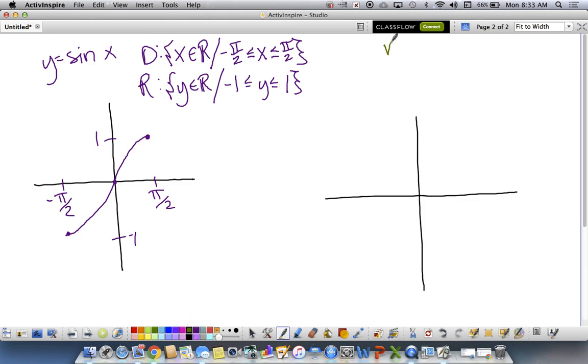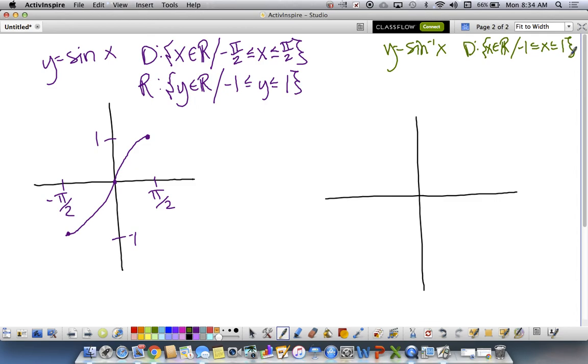Let's graph y equals sine inverse of x. Could you tell me the domain and range of the inverse function? Do you want to graph it? Doesn't matter. The domain will be the range of the original, so x is a set of all real numbers such that it's between negative 1 and 1.